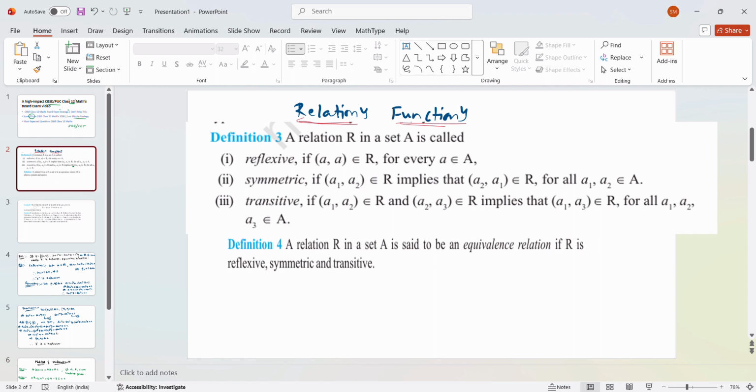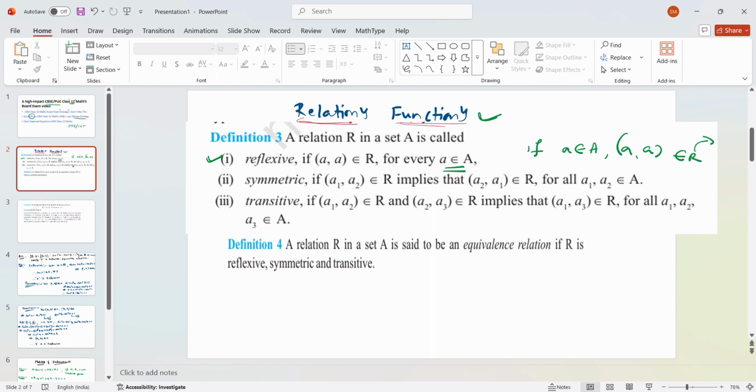This is the relation and function chapter in which we are going to cover types of relation, especially reflexive. When we say reflexive, if a belongs to capital A set, (a, a) must and should be in R, then we call R reflexive.